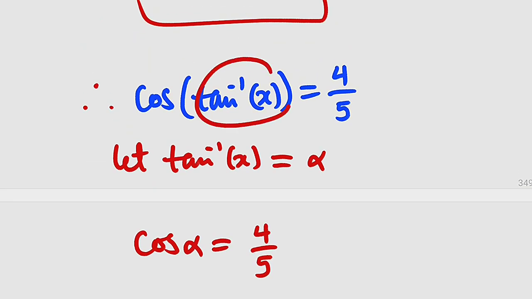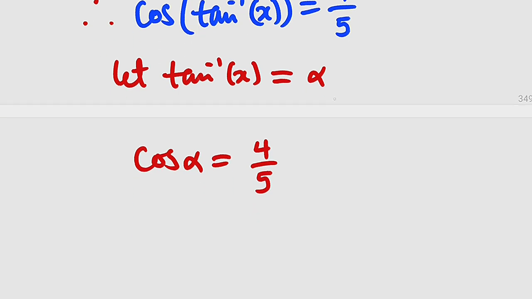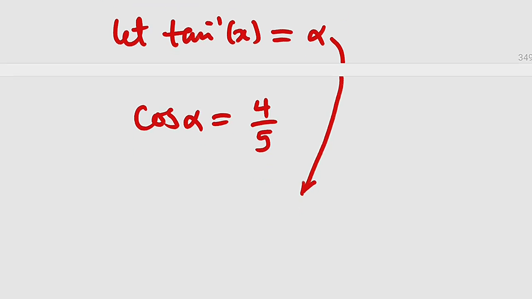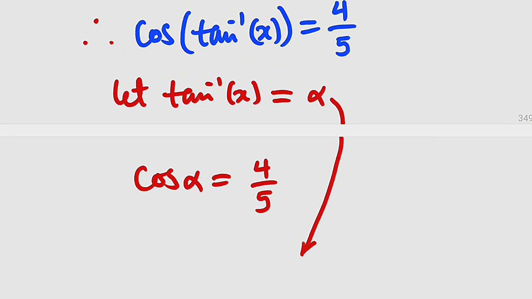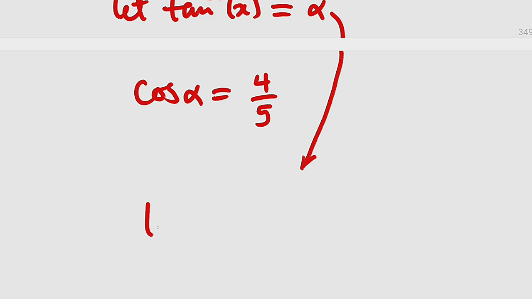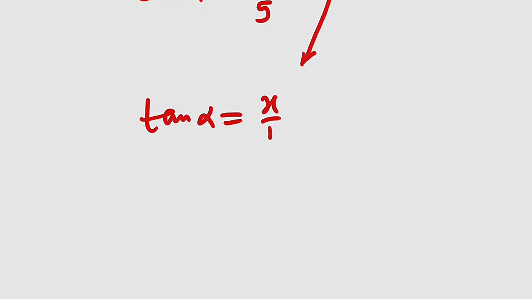I would like to use this equation again to solve for cosine of alpha. If tan inverse of x is equal to alpha, you can take tan of both sides. We have tan of alpha equal to x, and we can write it as x divided by 1, because we know it is a ratio.